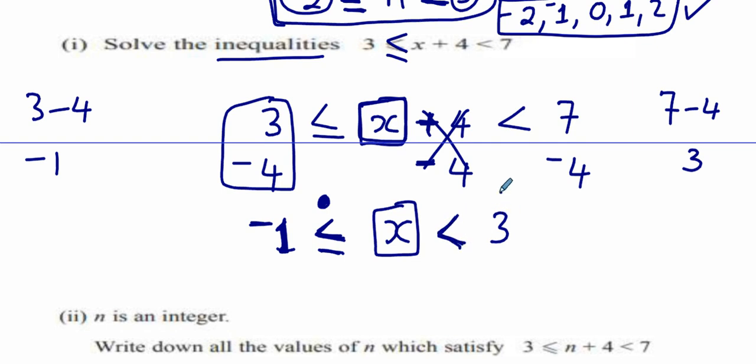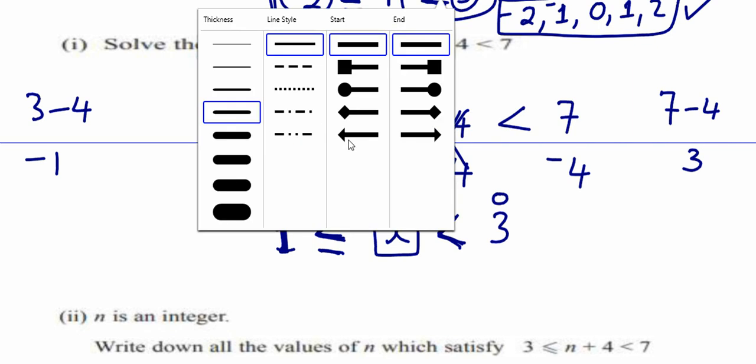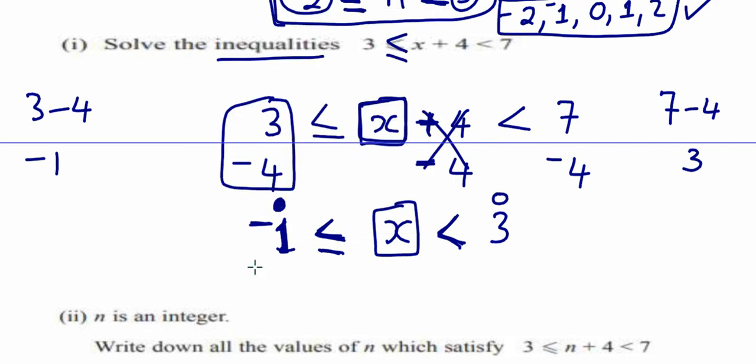This suggests an open circle just above 3. So here we are going to have a closed circle just above -1, but here we are going to have an open circle just above 3. So the number line will be as follows.